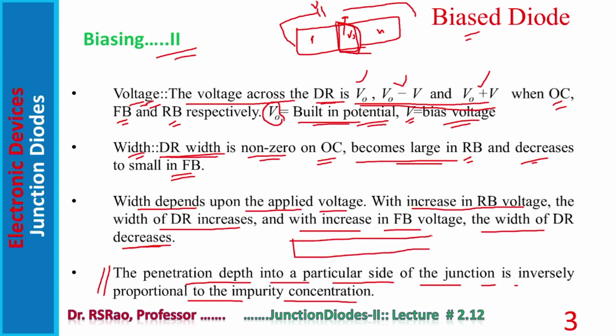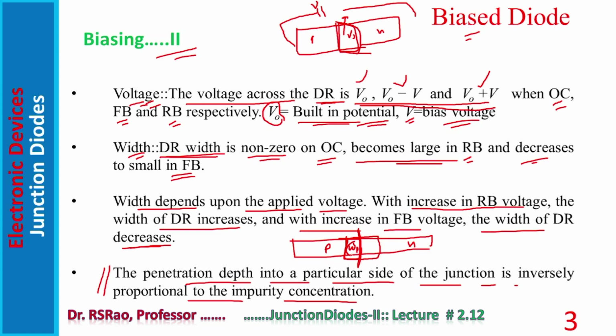What it says is, this is the P region of the diode, this is the N region of the diode, this is, let us say, the interface. Surrounding the interface, there exists the junction region. The width of the junction region on the P side, this part, is usually indicated by WP. You can call it WA also.